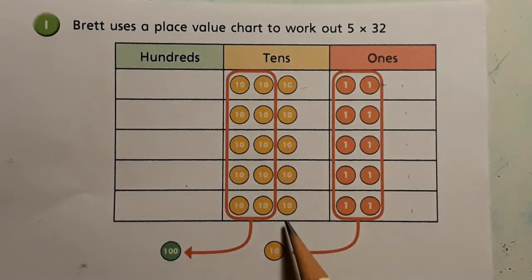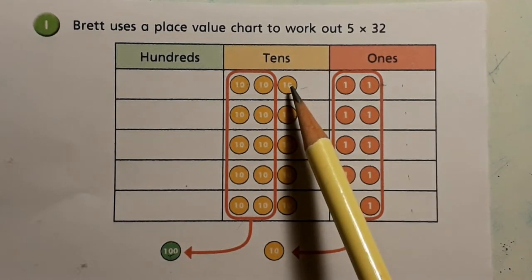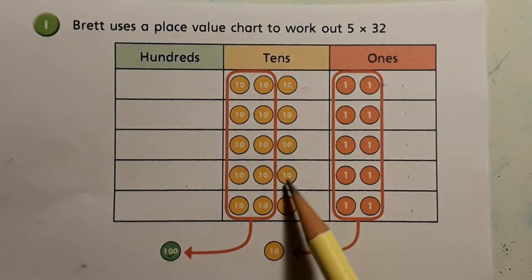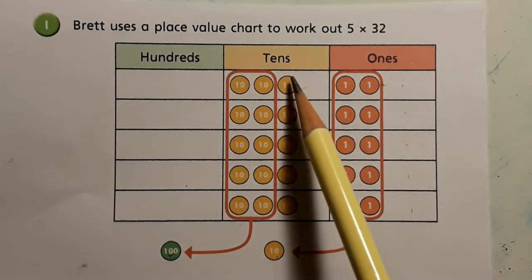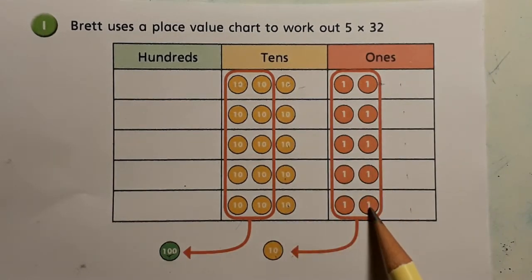These tens still count as well, but what he's showing is you've got 100, then these tens, 10, 20, 30, 40, 50, and another 10 made by the ones.